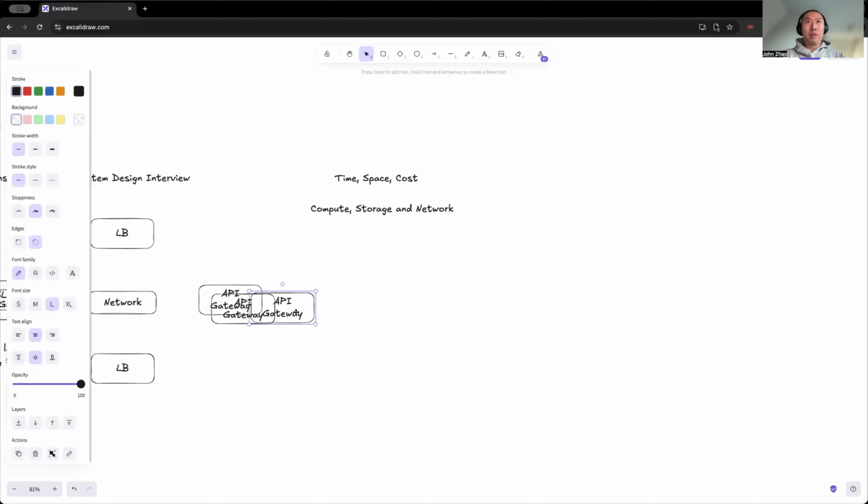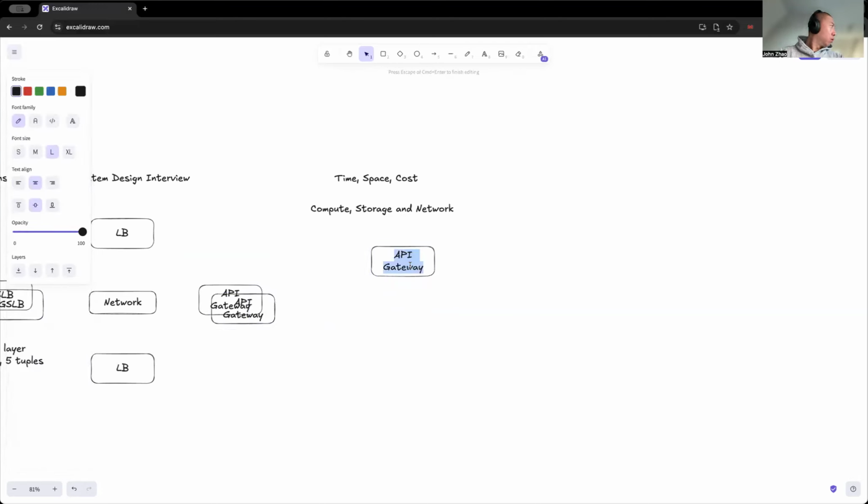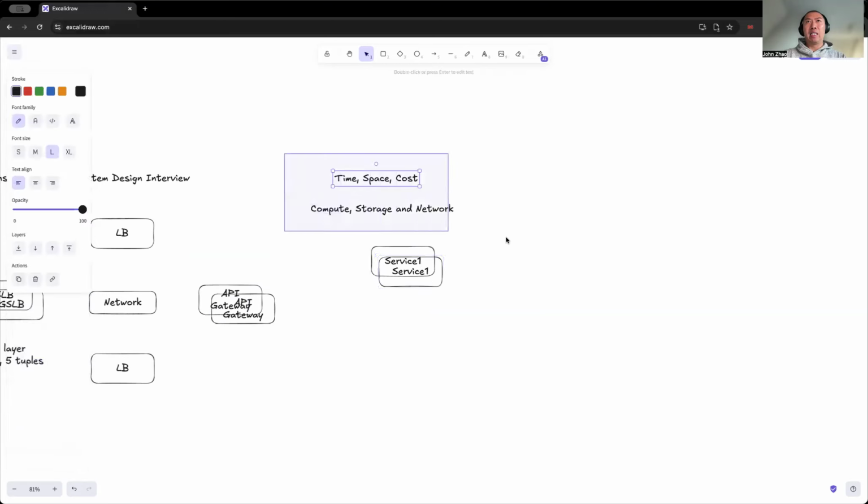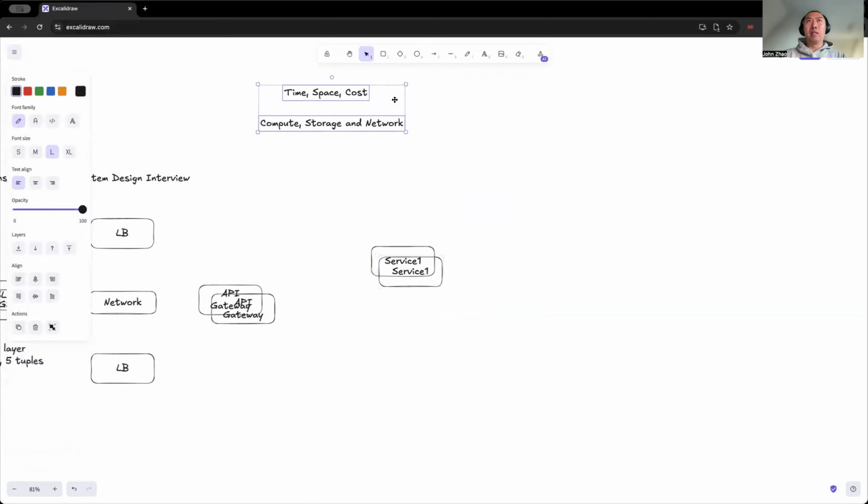Then next would be the actual service endpoint, say service 1. Given the scale, it's normally good practice to make sure these services are stateless, which means that for each service request, the server doesn't hold information about the session.